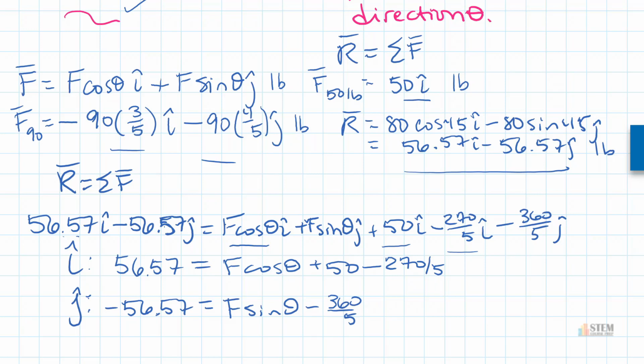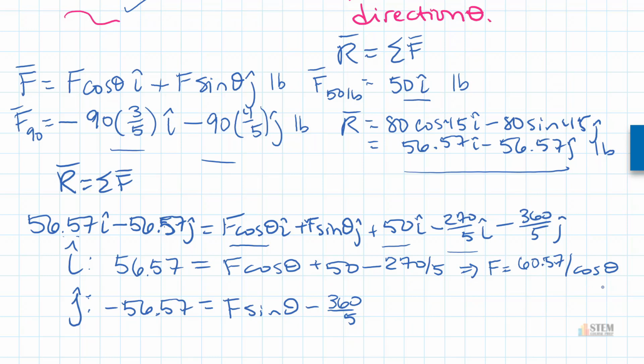Now what I always do when I have this situation is I try to get a tangent. So I'm going to go up to this top equation here and solve for F. If you simplify everything, move these over, then divide by cosine, you're going to get 60.57 over cosine theta. So this is an equation for F in terms of theta.